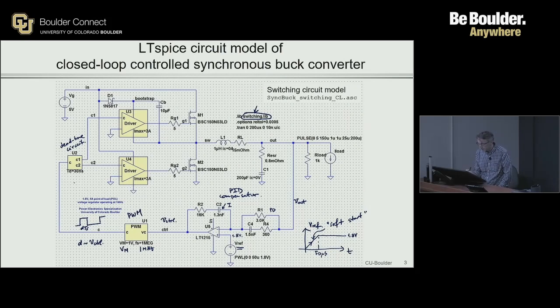So if you look carefully at C1 and C2, and I'd encourage you to do that when you actually run the simulation, you would see that they actually look like this, with small gaps inserted between the conduction of MOSFETs 1 and 2, and those gaps are called dead times.